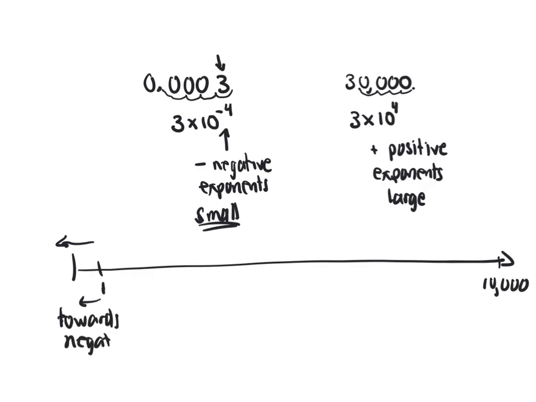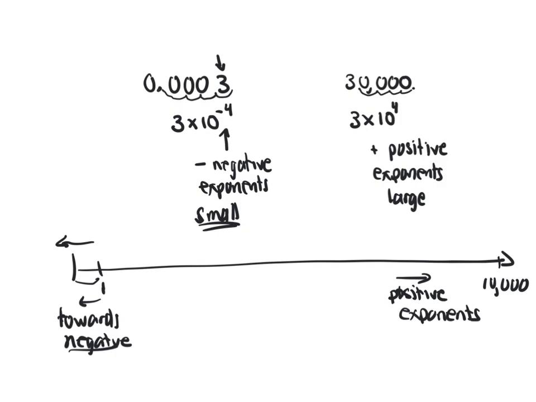And so my exponent on the 10 is going to be negative for these small numbers, and positive as I move to the right on the number line, because I'm going more and more positive. So I have positive exponents when I have large numbers. If you think about the number line that way, that may help. So negative exponents mean very small numbers. Positive exponents mean very large numbers.